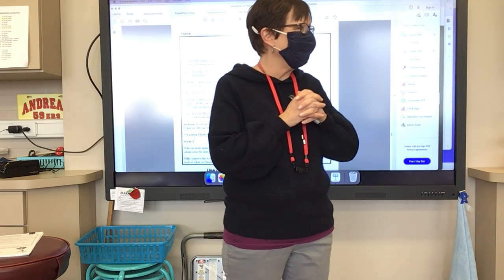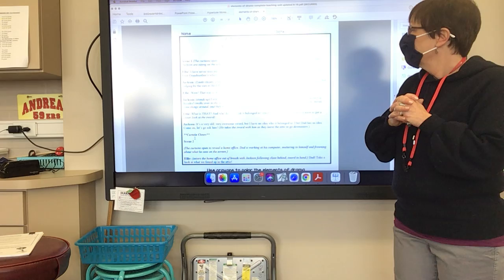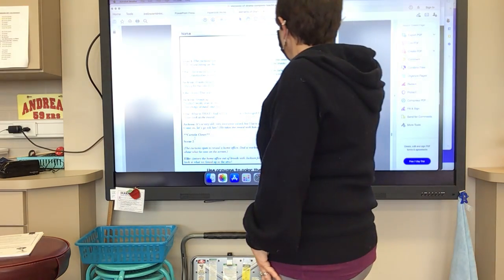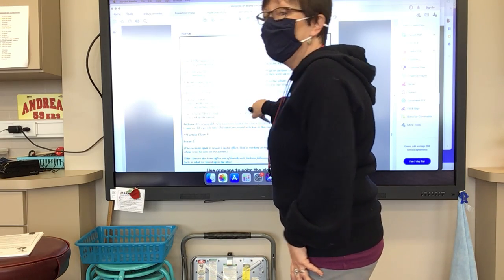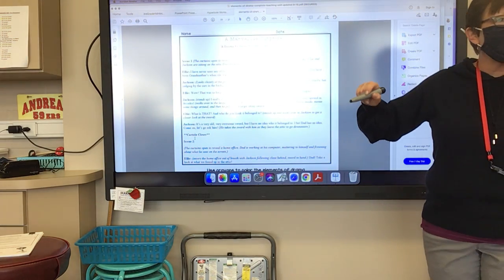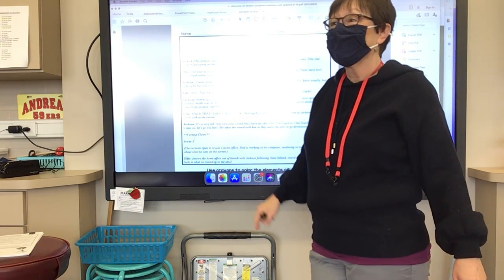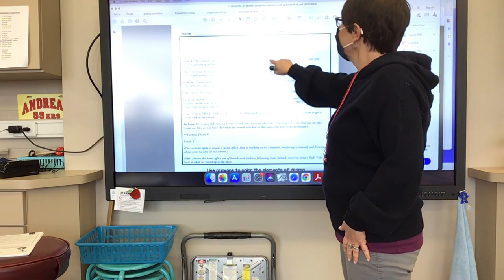Clark, what's one of the props in our play? A sword. The sword, everybody underline sword in orange. That's one of them. What's another one? You could do trunks. Yes, trunks.